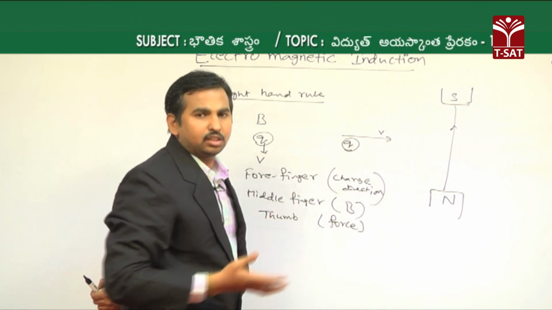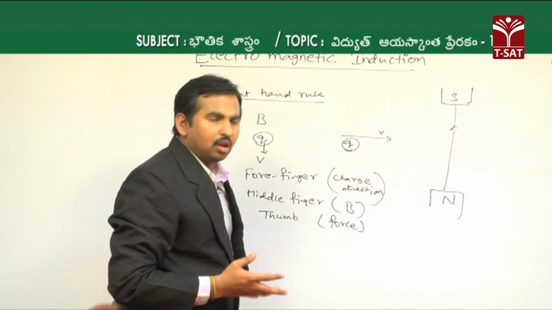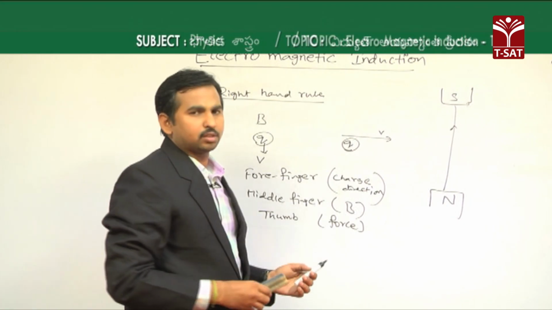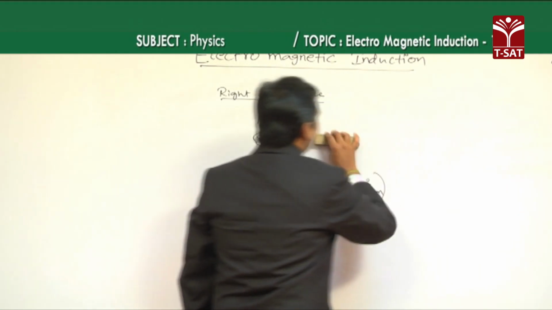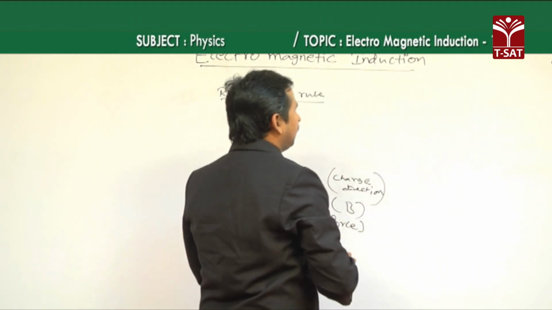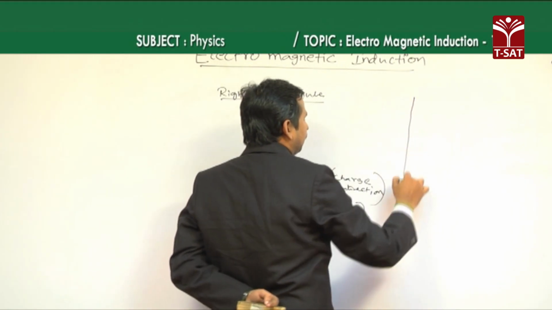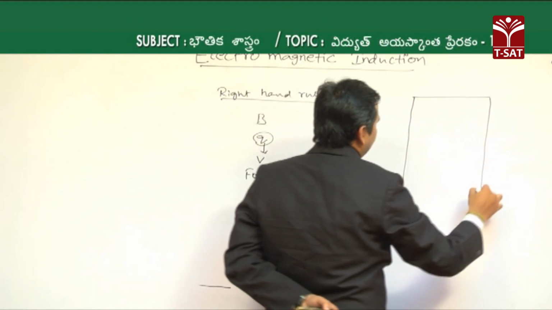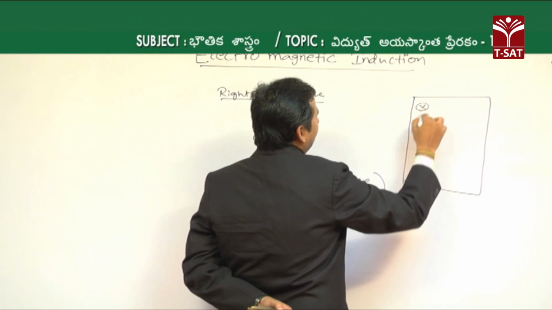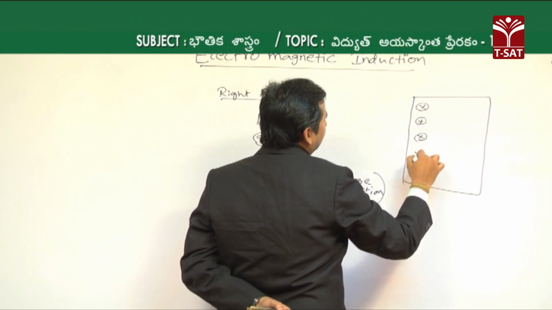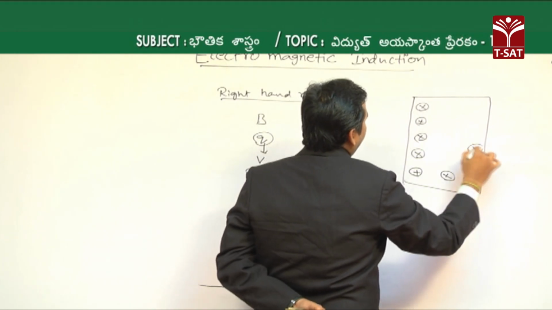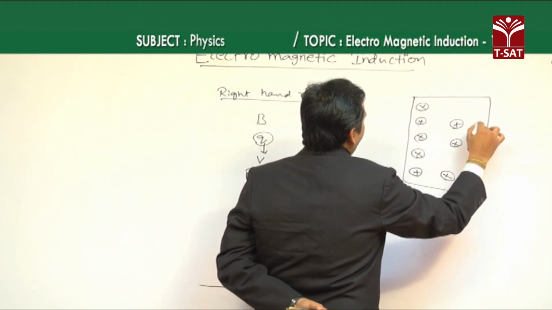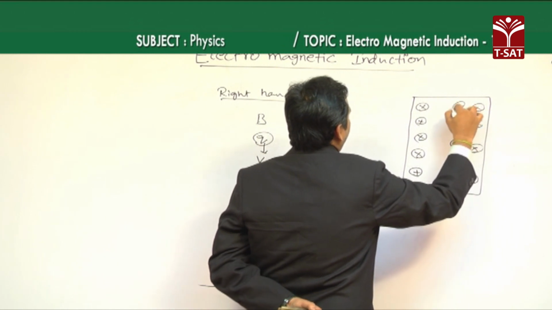Whenever you take a charge inside a magnetic field, or even the case of current, it is the same, as we saw in the previous example where we took a current carrying wire inside a magnetic field. For example, here we have a plane with the magnetic field present into the plane, and in this plane we take a current carrying wire like this.